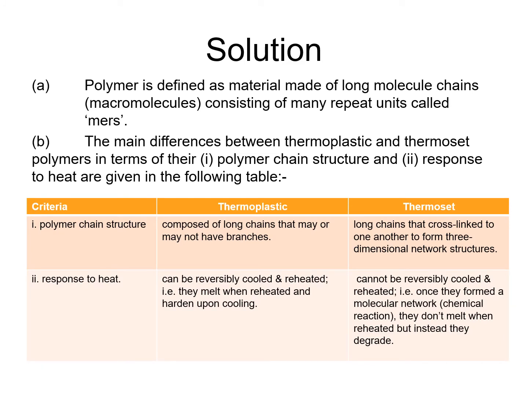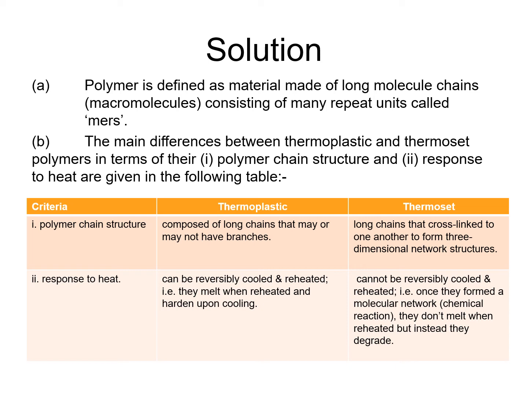Polymer is defined as material that is made of long molecule chains or macromolecules which consist of many repeat units called mers. And the main differences between the thermoplastic and thermoset polymers in terms of the polymer chain structure and the response to heat are given in this table.